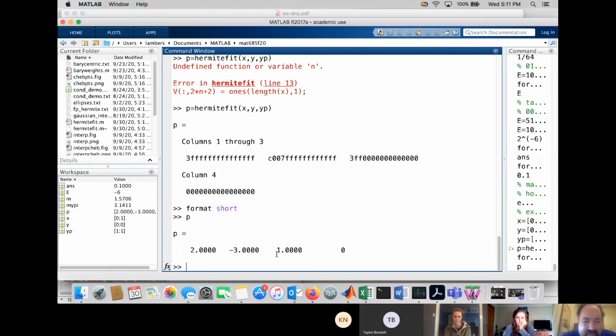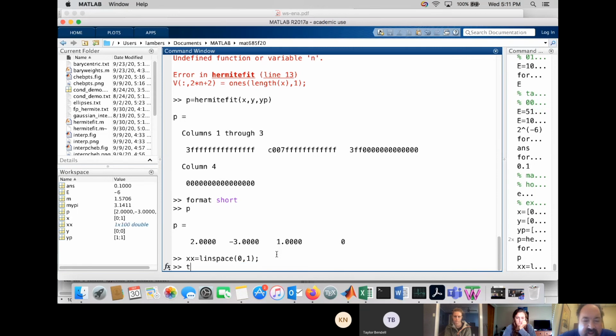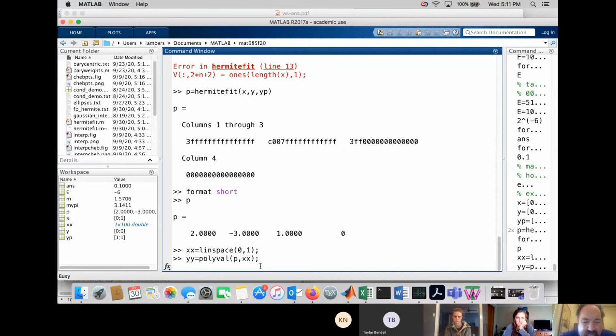What I'm going to do is make some x values for plotting purposes between 0 and 1. Okay. Then evaluate this polynomial p at these x's. Okay. And then I'm going to plot it.